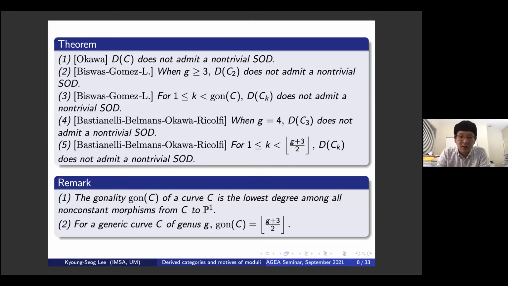This is the gonality of a general curve, and with their nice deformation theory, they obtained this for arbitrary curves and arbitrary k-symmetric products in this range.